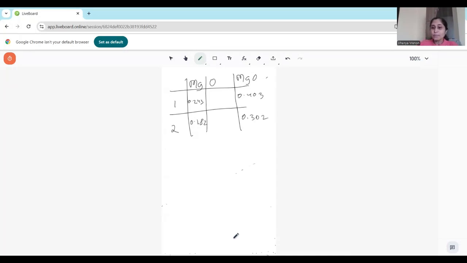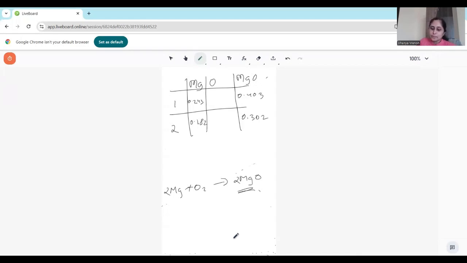So this is the reaction. Magnesium is reacting with oxygen to give you magnesium oxide. I've just balanced it. Now, magnesium oxide is formed in two experiments, and different masses of magnesium are reacting with oxygen. Now we have to prove that they are following the law of definite proportion.